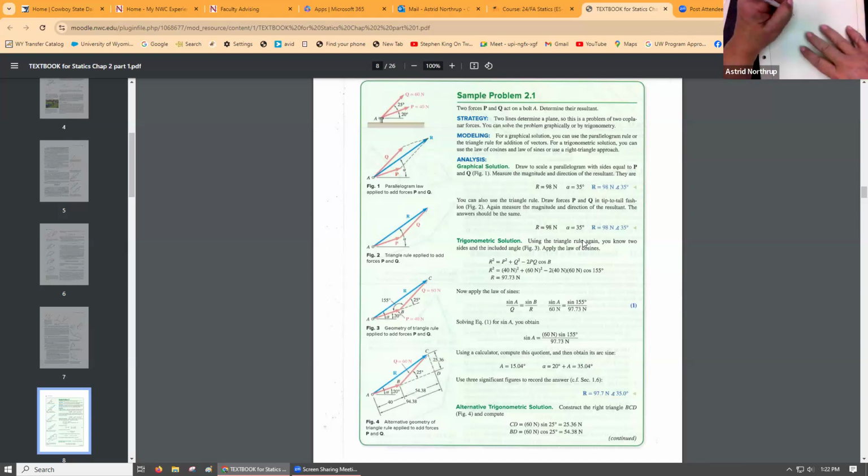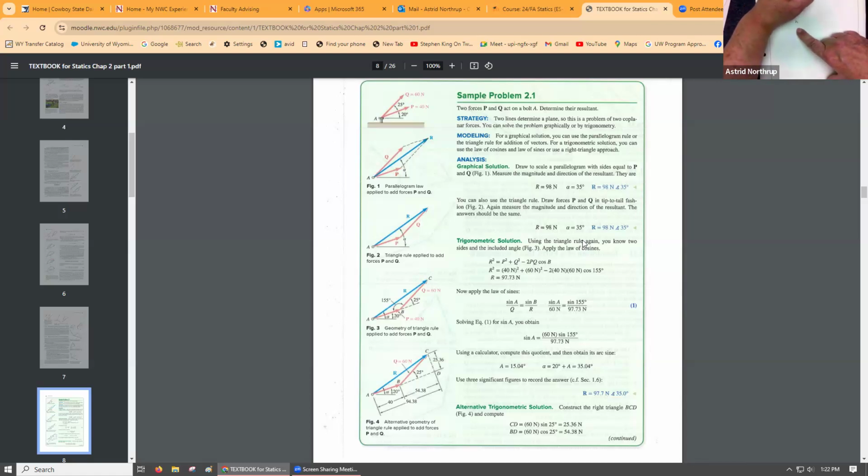All right, so what we have here, and I'll draw out the picture and make it big after we go through the whole problem, is two vectors, P and Q, that are pulling on a nail head.